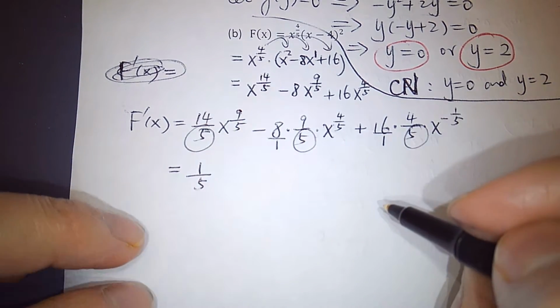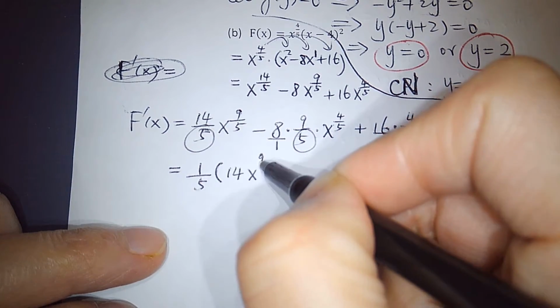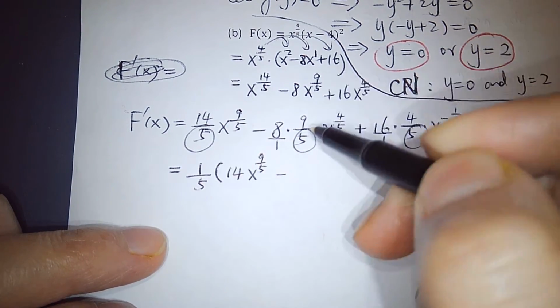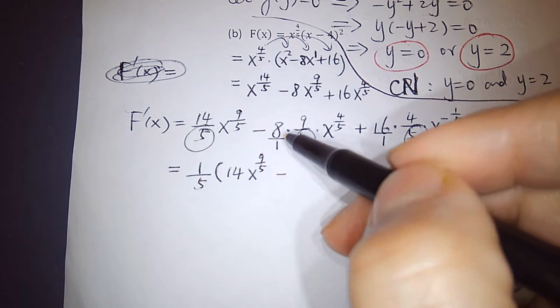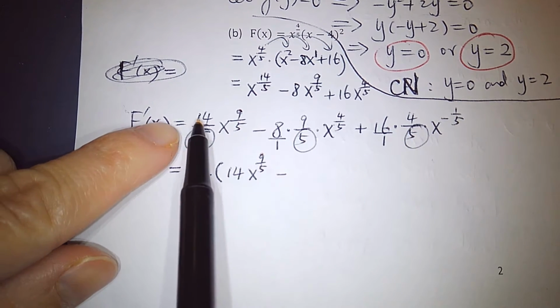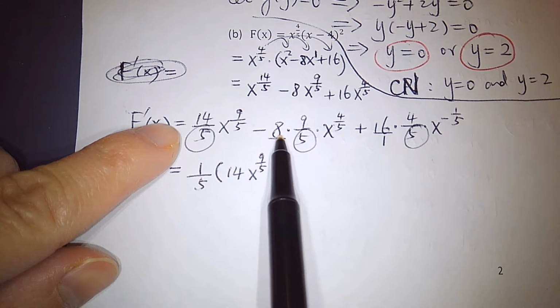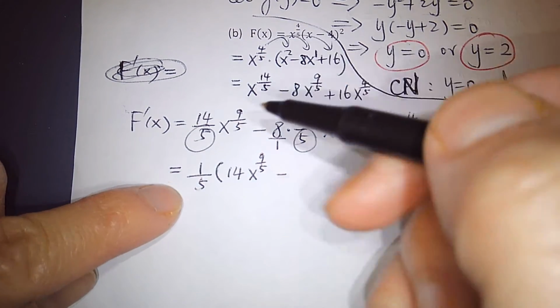So what is everything? 14x to the 9 over 5 minus 8 times 9, 72, right? So actually you see 14, 72, 64 has a common factor, what? 2, right?